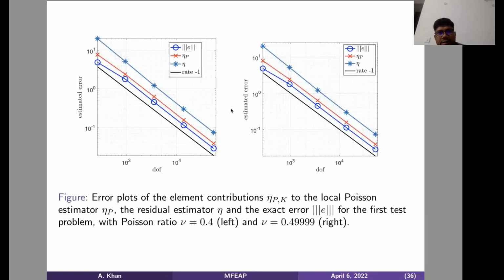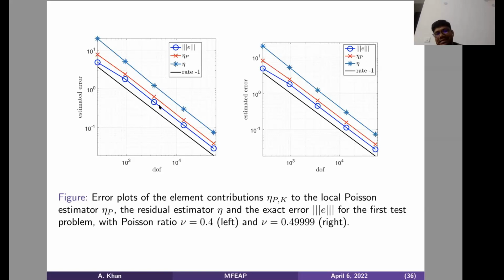And now there are some figures related to this to see what the convergence rate is. So you will see this blue one is our residual estimator, the red one is the Poisson estimator, the blue represents the error, and the black one is the rate.